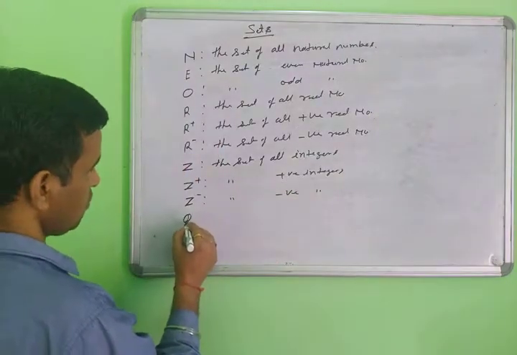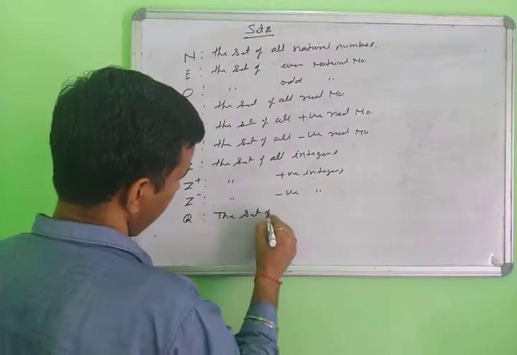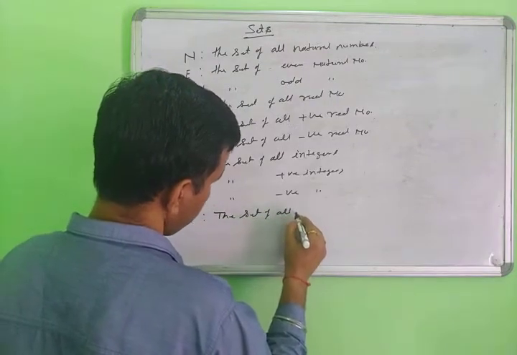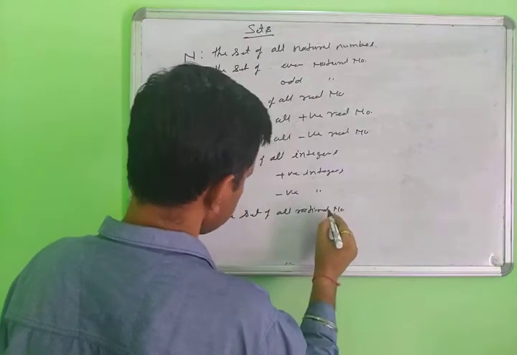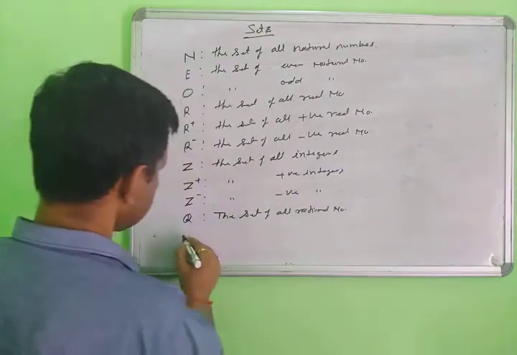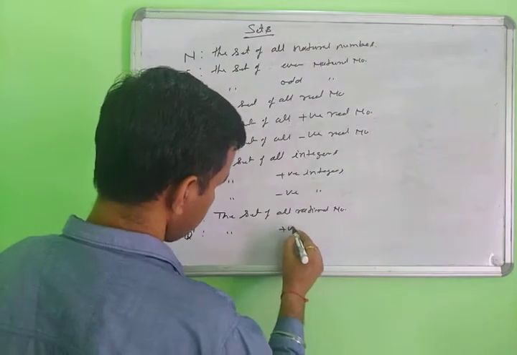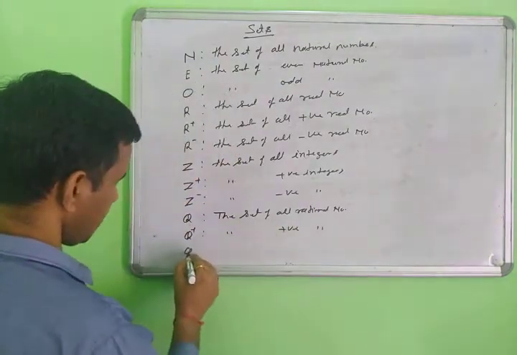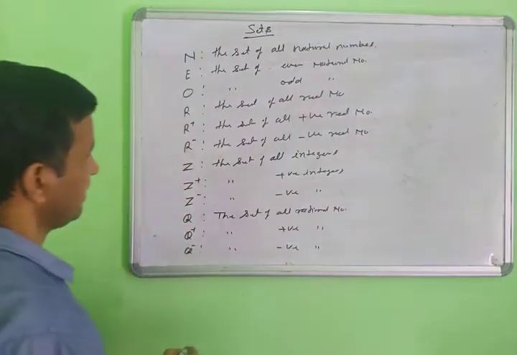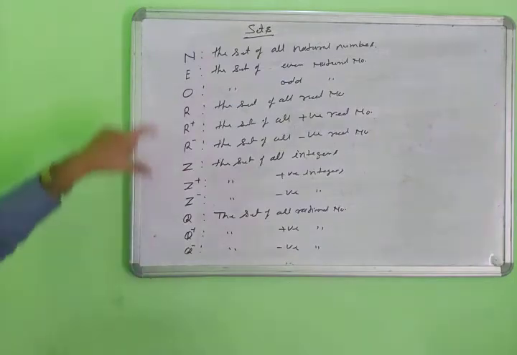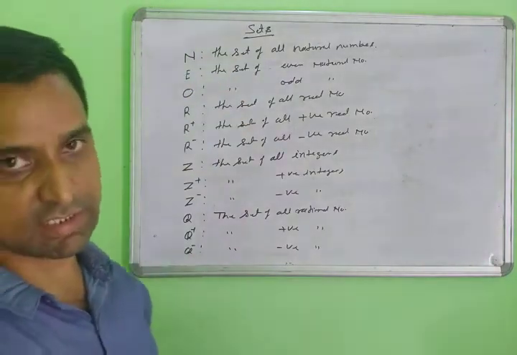Next, here Q, the set of all rational numbers. Similarly, here Q plus the set of positive rational numbers. Next, Q minus the set of negative rational numbers. So these letters of the English alphabet represent these sets.